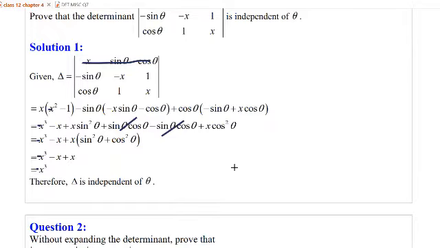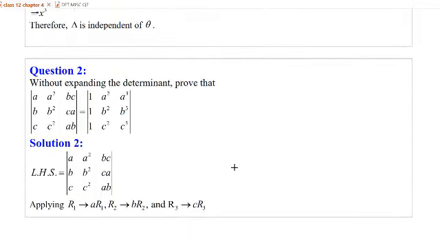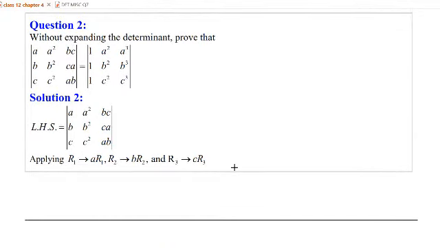So proved. Okay. Question number 2. Without expanding, that is with properties, we have to do this question. Prove that this determinant is equal to this determinant. So it's a simple question. What we'll do, first of all, we'll multiply the first row by a, this whole row by a.